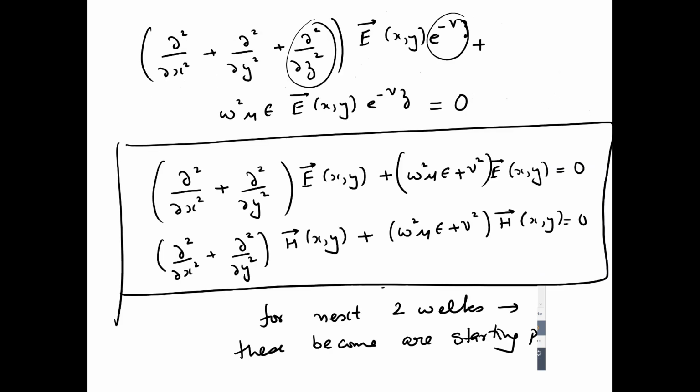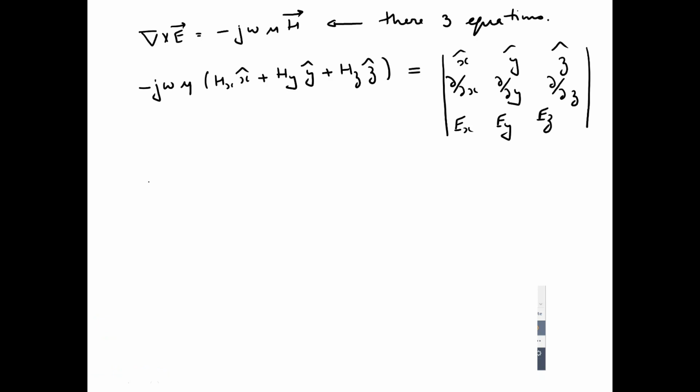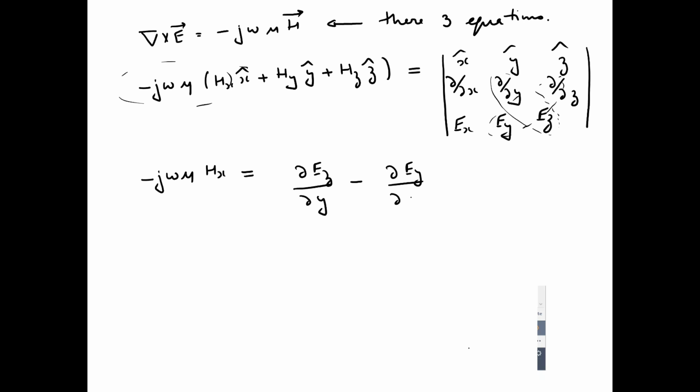So if I was going to write for the x component, I would get minus j omega mu Hx, just the x component here. And just looking at the x component, I multiply these two terms and multiply these two terms and subtract them. So on the other side, I would get del Ez by del y minus del Ey by del z.